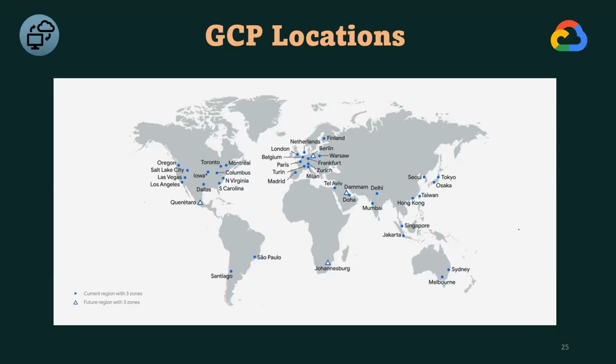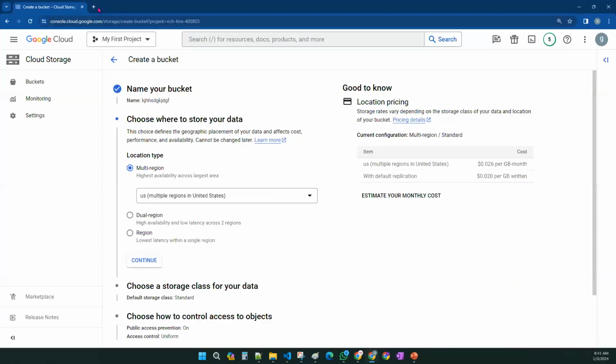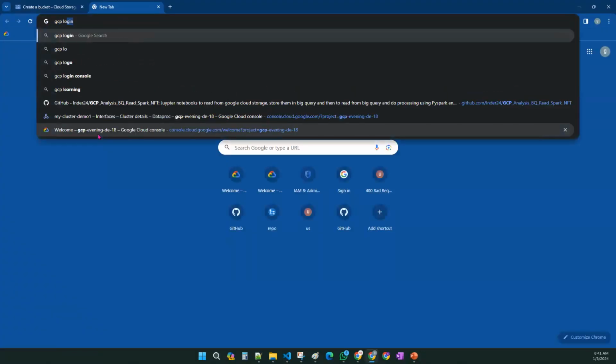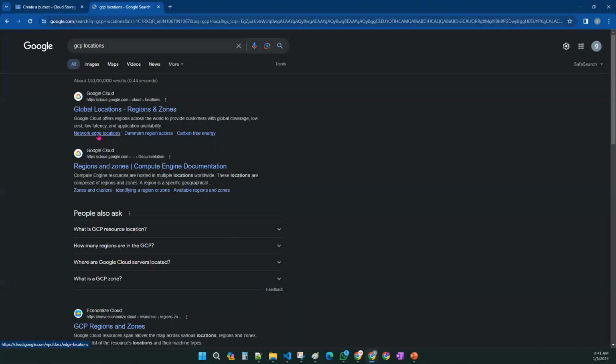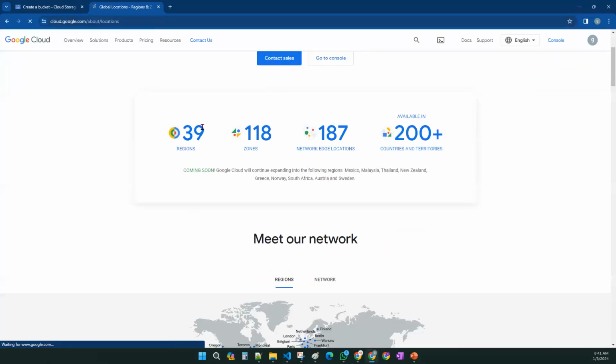Yes, Delhi also will have one. You can go and look at GCP locations in the documentation, GCP locations, regions and zones. You have 39 here. Last time when I checked it was 37, now it is 39.